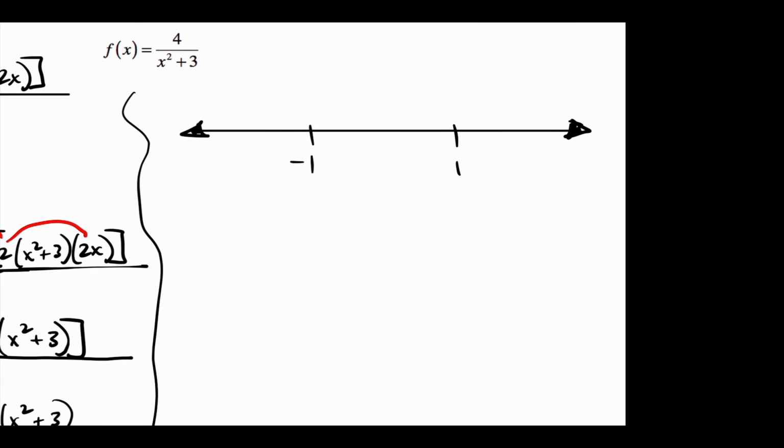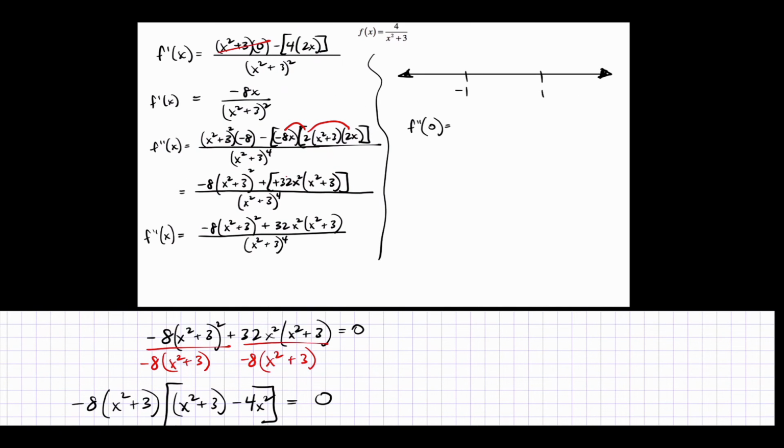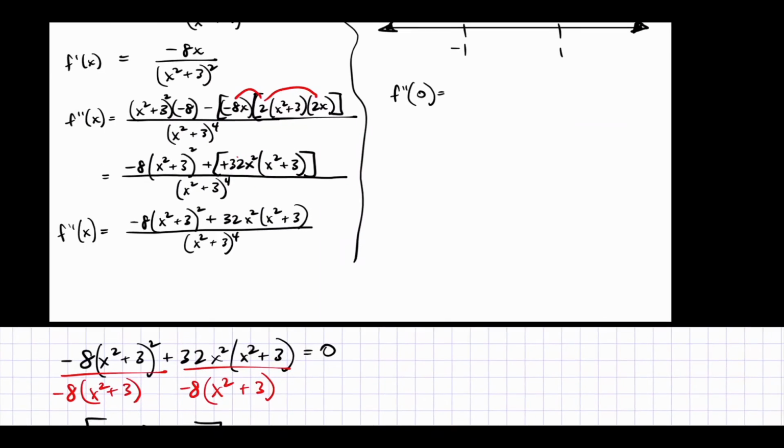Okay, so now the second derivative. Plug in numbers. Tell me if it's positive, negative, or 0. Or it won't be 0. Positive or negative.